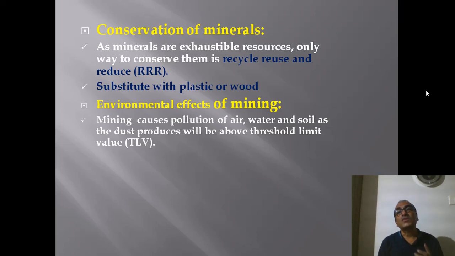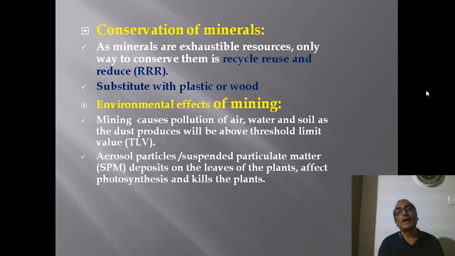So mining causes pollution of air, water and soil, as the dust produced will be too much, above the threshold limit. So that is crossing the threshold limit of the value of dust in the air. That is definitely going to affect the plants as well as animals and humans.